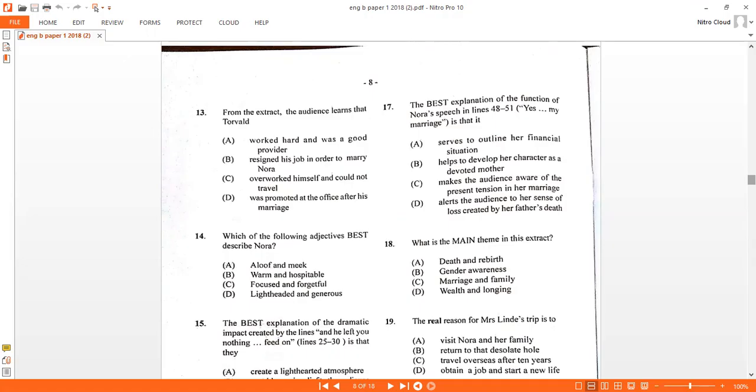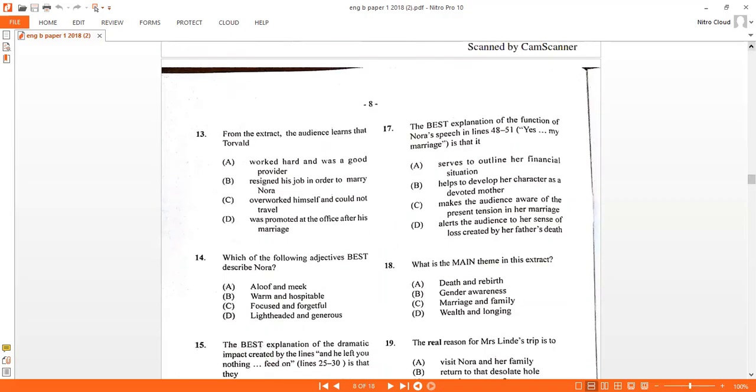Question number 13. The question says, from the extract, the audience learns that Torvald worked hard and was a good provider, resigned his job in order to marry Nora, overworked himself and could not travel, was promoted at the office after his marriage. Now, we know the answer for this one.